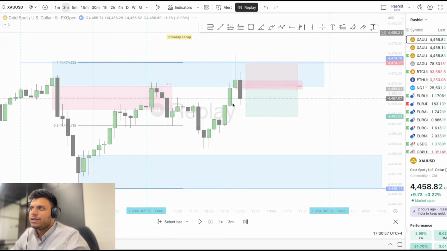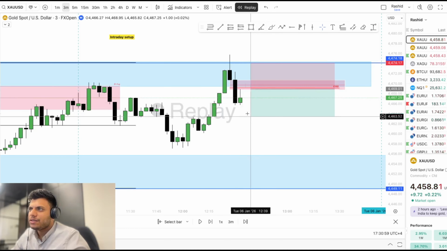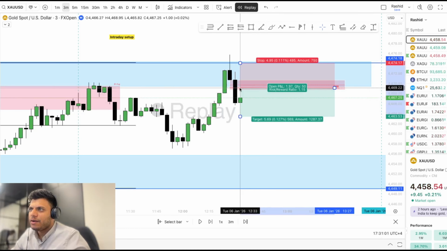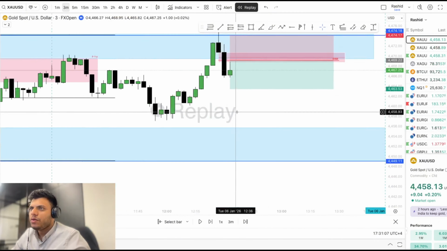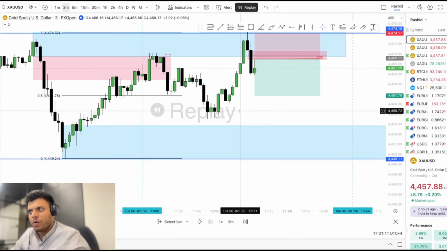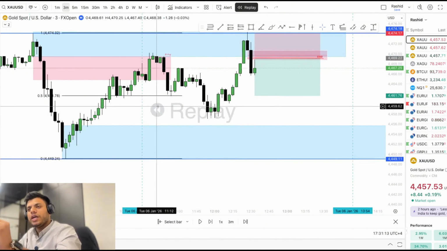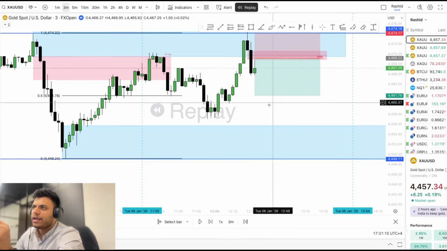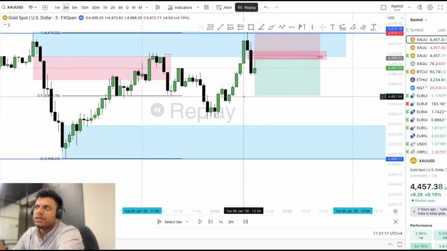But see here, once price hits this level, as you got a fair value gap and the sweep also, the next level, either you can target here, and also there are no other major liquidities here.